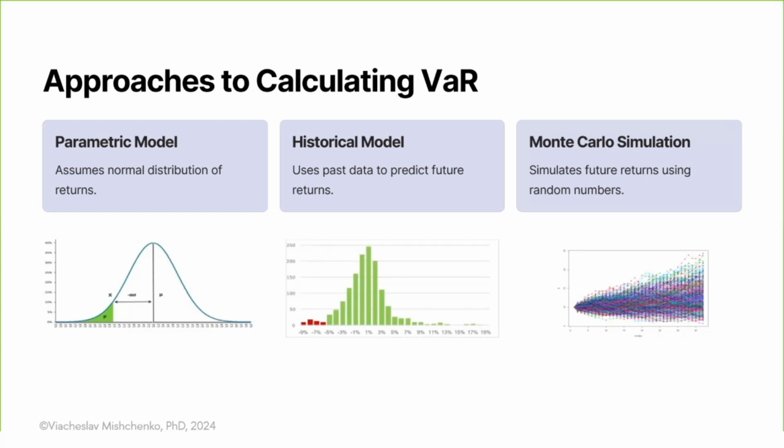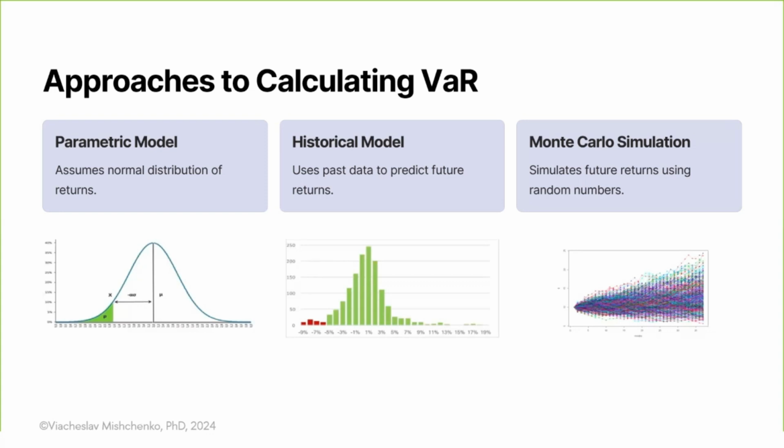It assumes returns follow a nice, tidy distribution, usually the normal or Gaussian distribution. In other words, it's quick and easy. These are the major benefits of this parametric model.